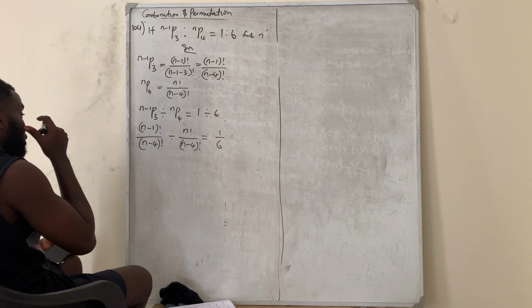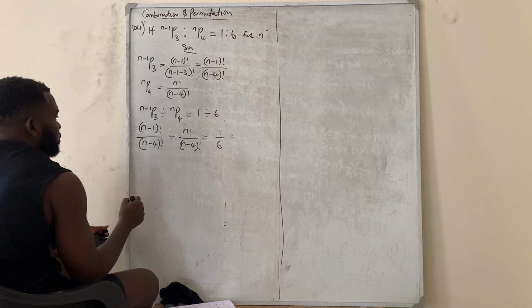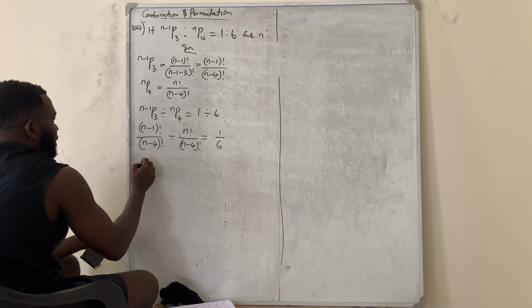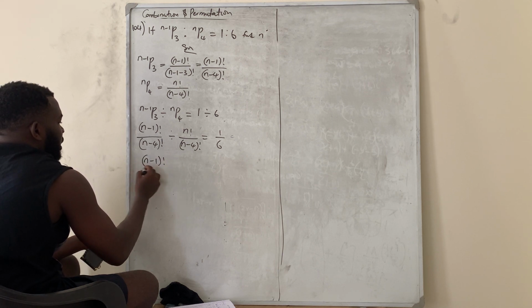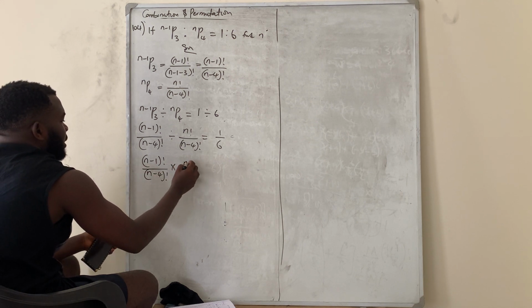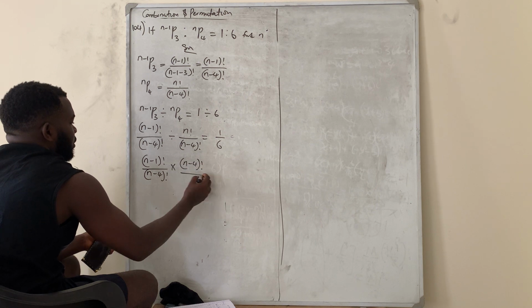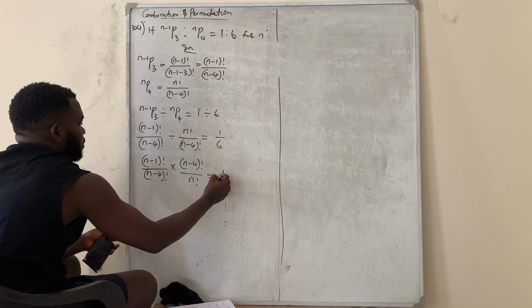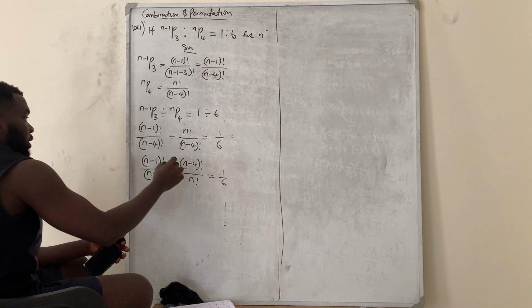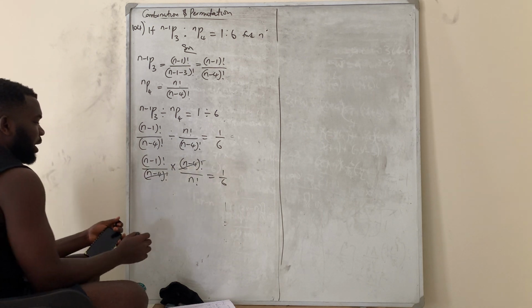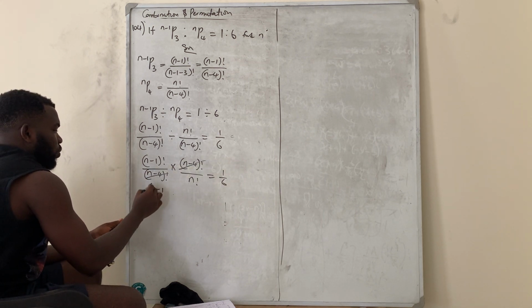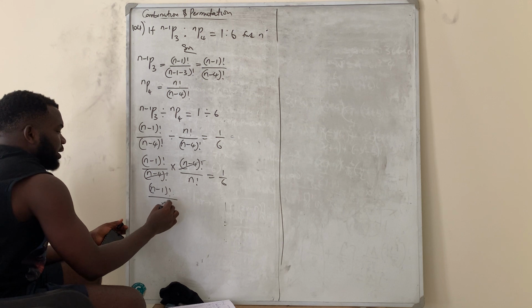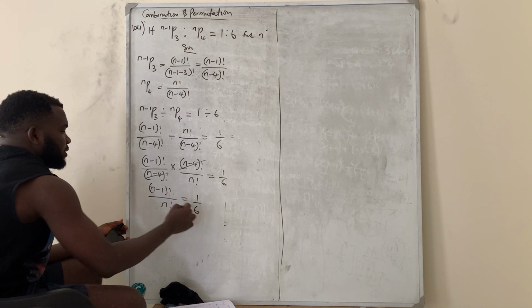Changing division to multiplication, we have n minus 1 factorial all over n minus 4 factorial, times n minus 4 factorial all over n factorial, is equal to 1 over 6. Now this cancels this, we are left with n minus 1 factorial all over n factorial is equal to 1 over 6.